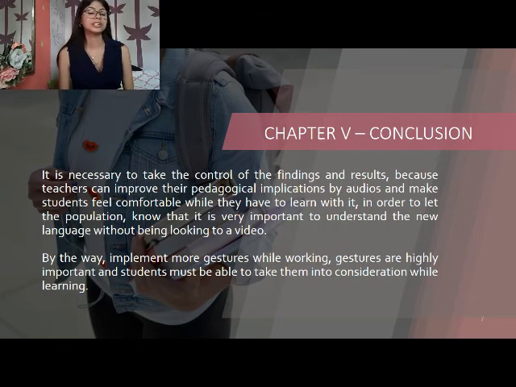And the last chapter is about the conclusion. We wanted to recommend something to the teachers: that they must let students know that they can understand by listening and by audios too, because they are acquiring the language, but in the real world they are not going to be watching videos or visualizing something, so they have to take that into consideration.